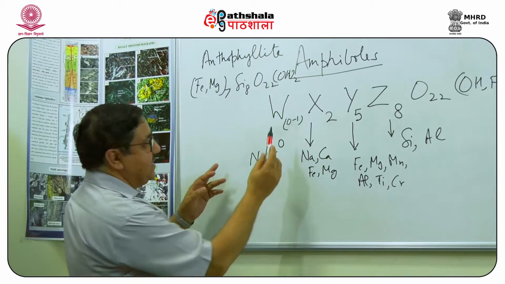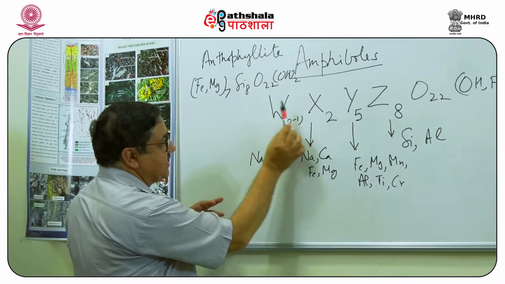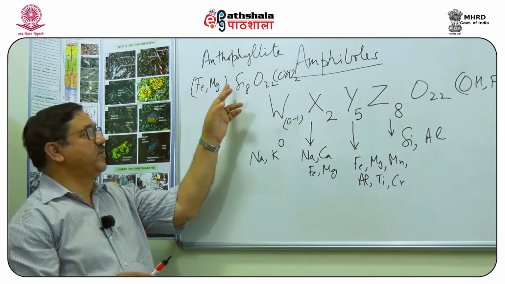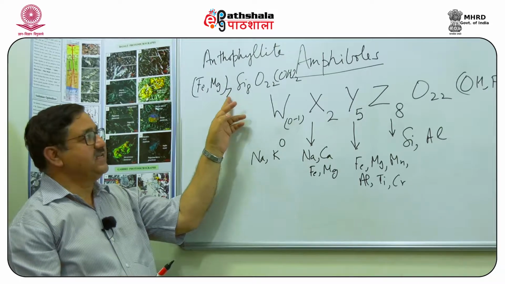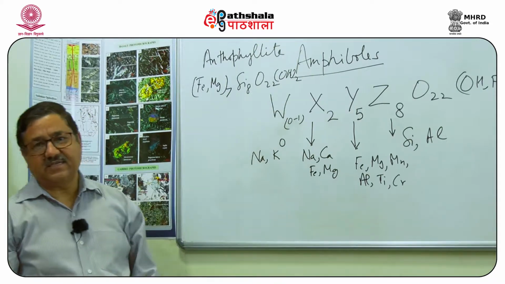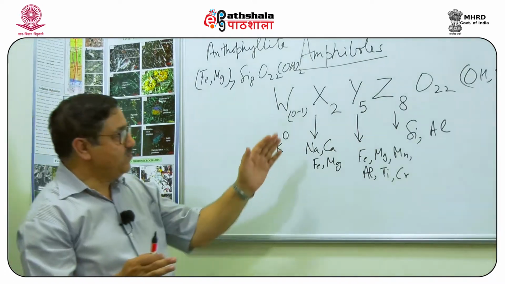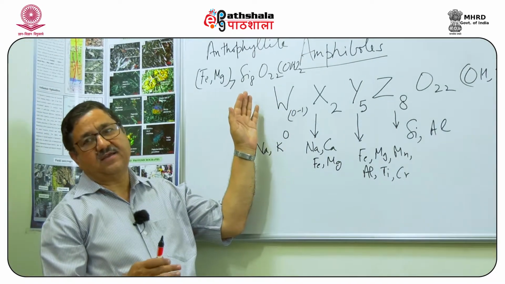You see that it has a vacancy in this site, and these two sites are combined together to produce 7 cations, and this represents one type of amphibole which lacks calcium and which lacks higher coordination cations.